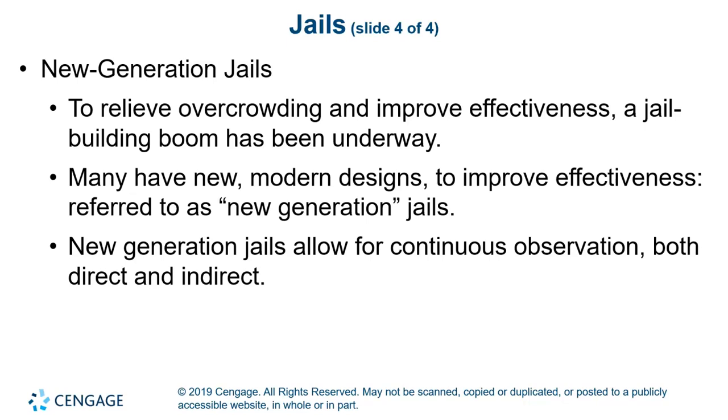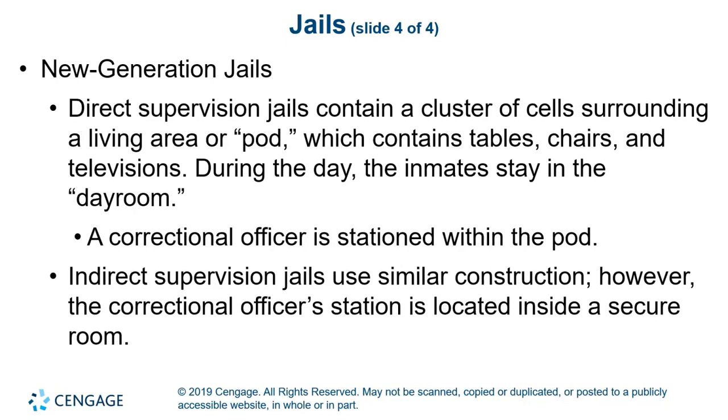Jails designed this way are somewhat rectangular with corridors leading to either single or multiple occupancy cells arranged at right angles to the corridor. Correctional officers must patrol to see into cells or housing areas, and when they are in a position to observe one cell, they cannot observe others, right? So it's not a good system, the way that it's laid out.